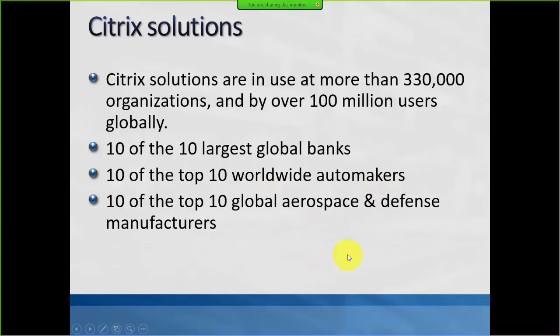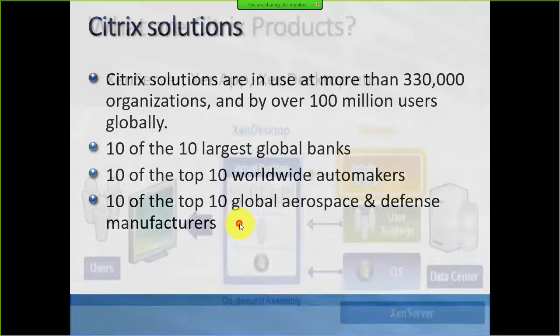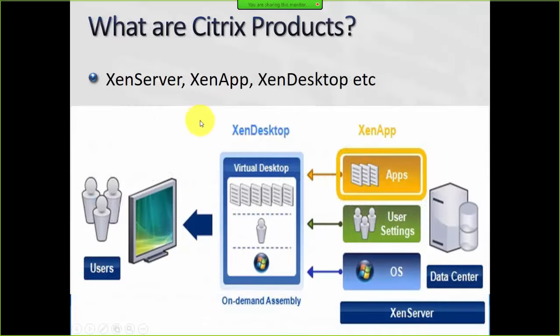Whichever banks I have friends in, they say yes, we have Citrix. If it's a large organization and they don't have Citrix, I will be wondering, you don't have Citrix? Why? 10 of the top 10 global aerospace and defense manufacturers use it too.